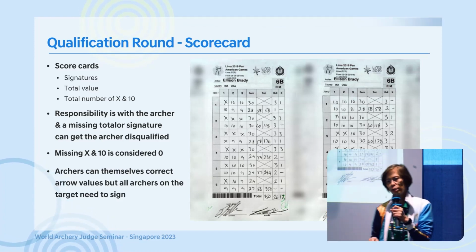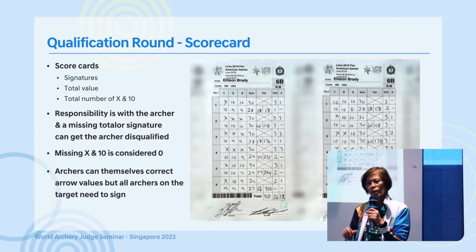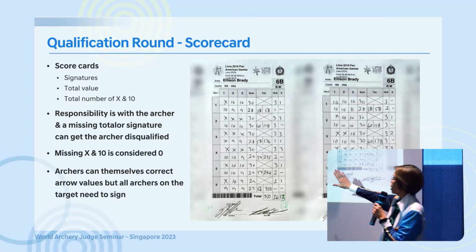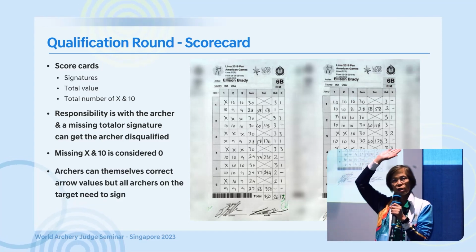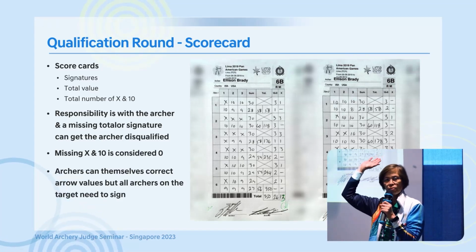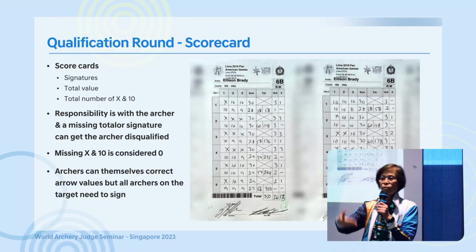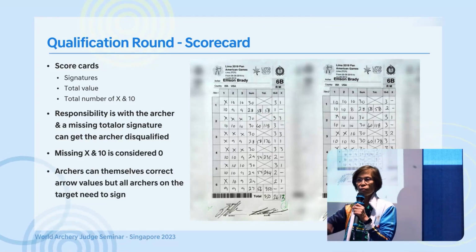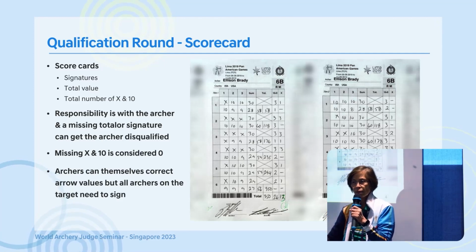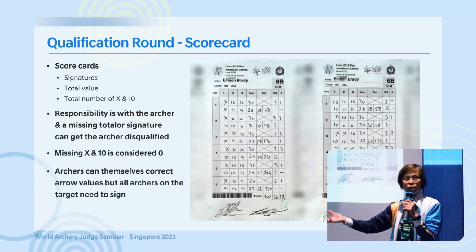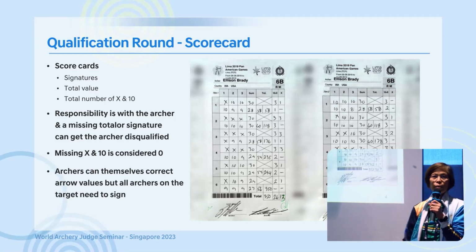And you as the judge, help the archers: before these scorecards reach the results team, remind them to please check if they have put their totals in, if they have all signed. You can even check if you want, if you don't have so many targets, as a service to them.